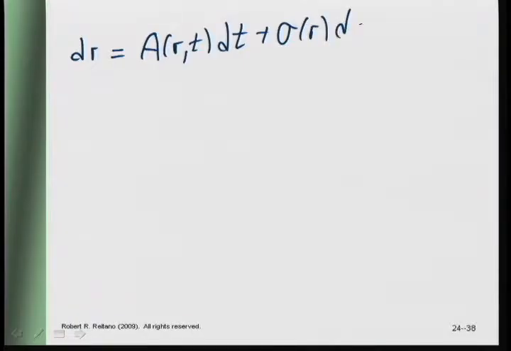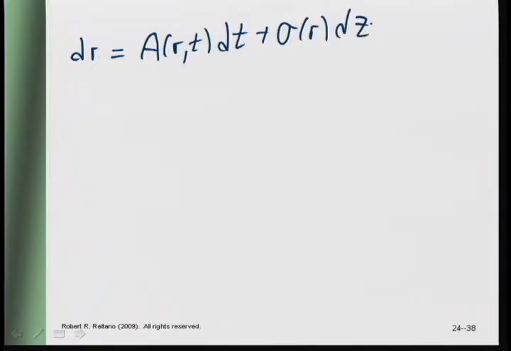Well, we have a process, and the process says dr is equal to, and I'm going to simplify the notation here, capital A of R, t dt plus sigma of R dz.